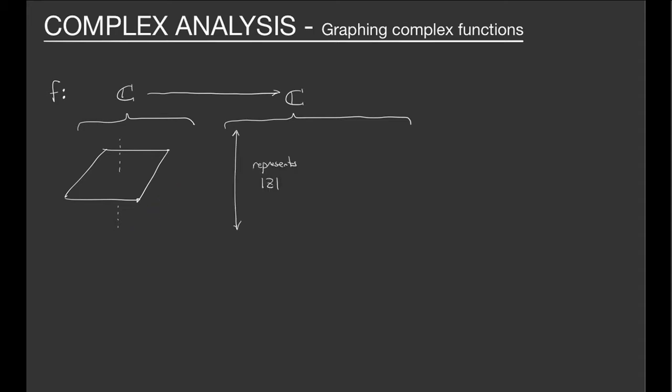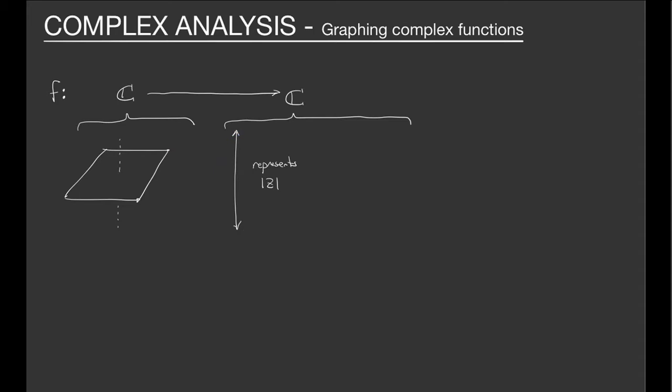Then we'll represent one more dimension using space, according to the modulus of a complex number. Now remember, the modulus is the square root of the sum of the squares, so it's going to be a non-negative number. But importantly, it's going to be a real number. That means we can represent it using a real axis. So we have 2 axes here, and then we have another axis here.